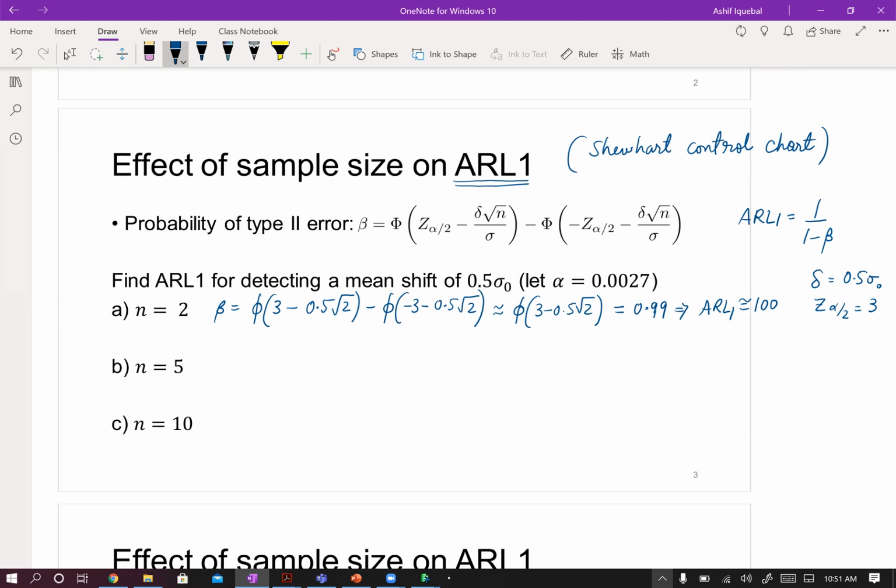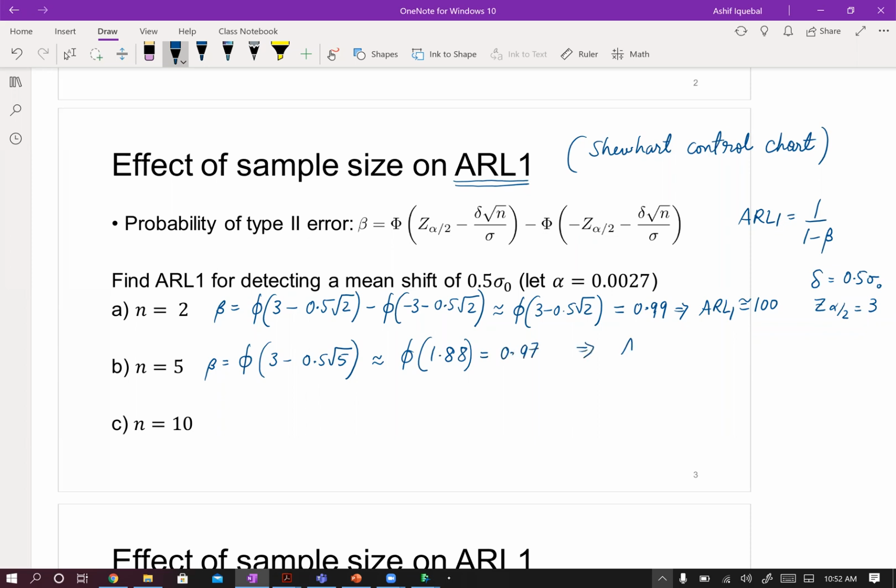Okay, so let's use the similar approach and see what will be the value of ARL1 for n equals 5. Again, we calculate beta equals phi of 3 minus 0.5 square root of 5. Again, let's ignore the second term because it is highly negative, so it will be close to 0. We can write this as approximately phi of 1.88, and this will be equal to 0.97.